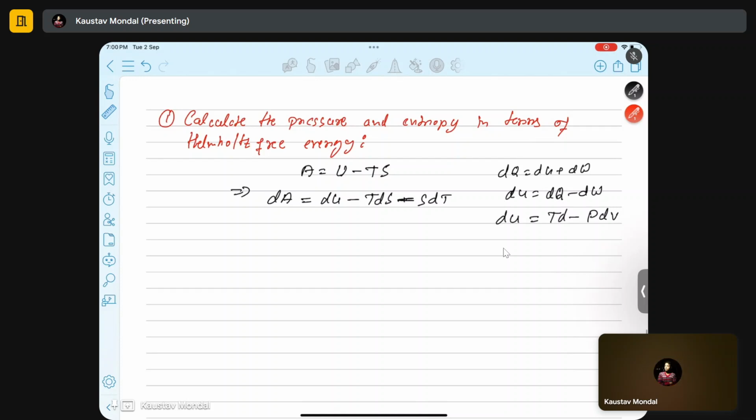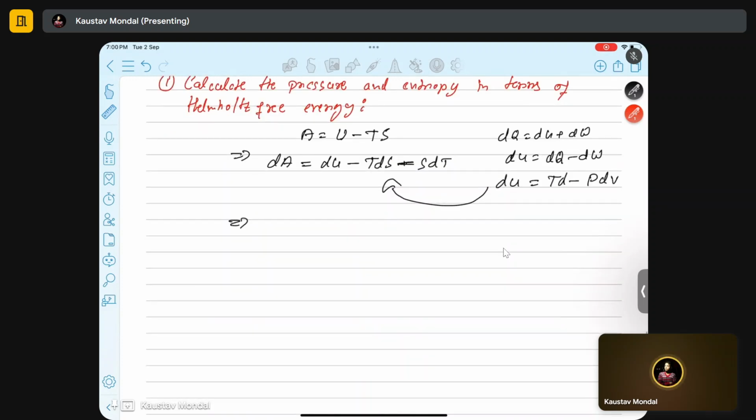We are using these from the first law of thermodynamics. We substitute this expression into the Helmholtz energy, and after substitution we get dA equal to TdS minus PdV minus TdS minus SdT.